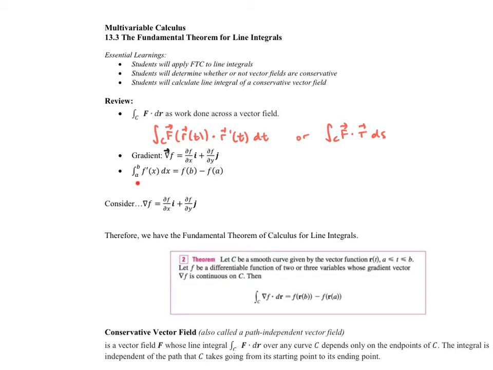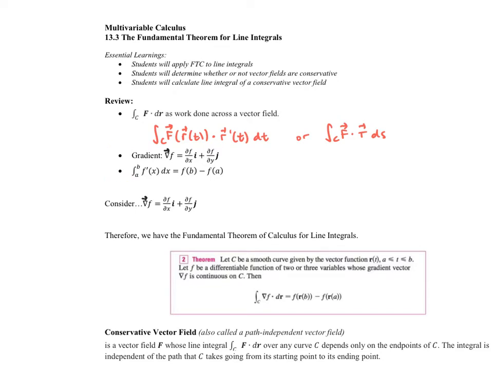And then this is just from the last couple of years of calculus, the fundamental theorem of calculus. So if we're looking at this gradient vector, the fundamental theorem for line integrals is directly connected to both of these items that we talked about, the gradient and the fundamental theorem of calculus.